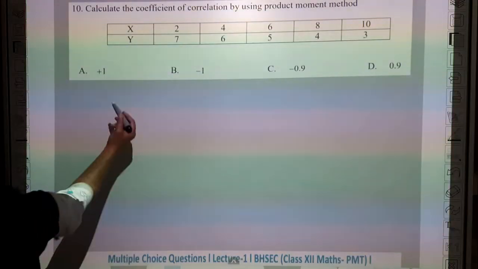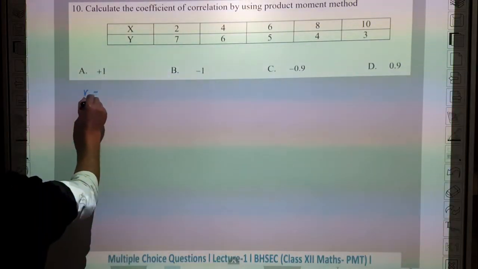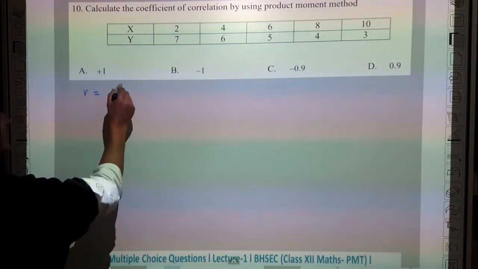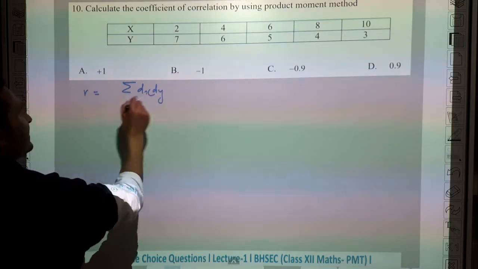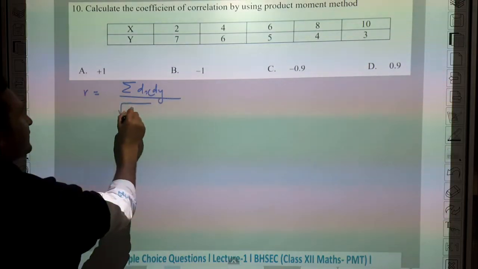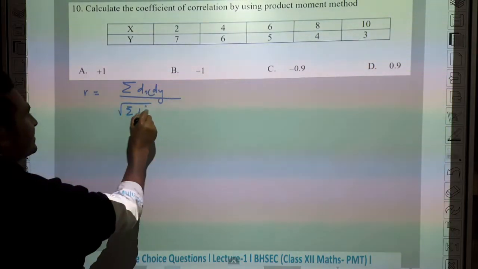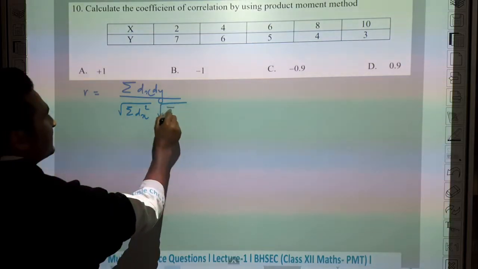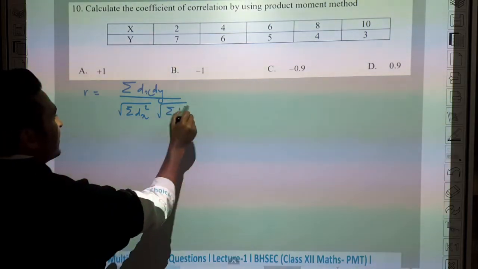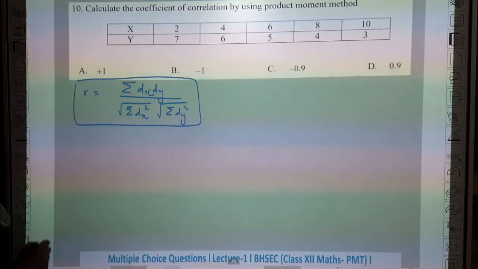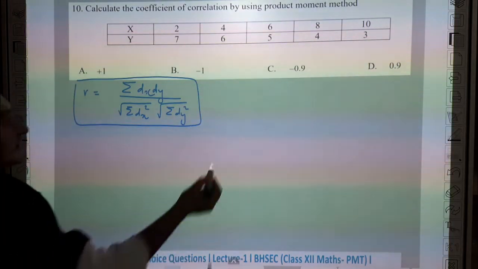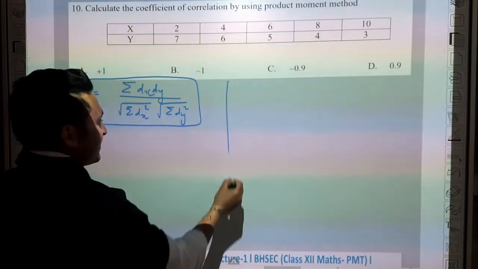So product by product moment method, R, that is coefficient of correlation, is equal to sigma dx dy divided by root of sigma dx square times root of sigma dy square. Now since we have this formula or this relation, just construct the table accordingly. Okay?